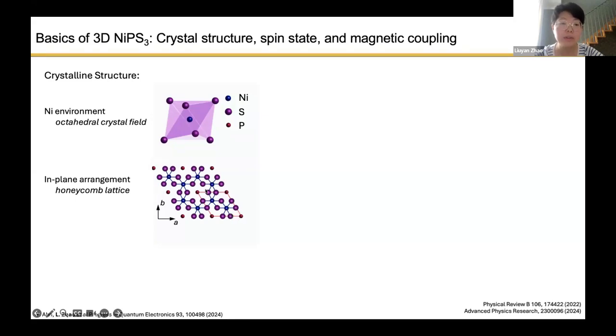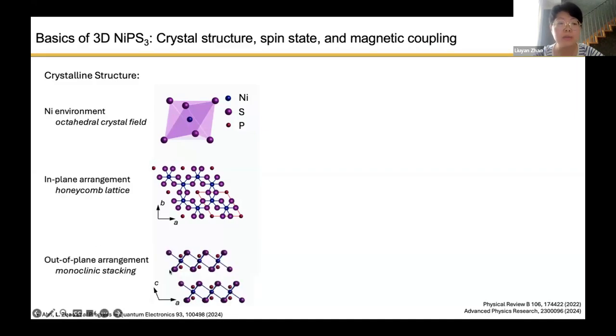Then the phosphorus sits in the center of the honeycomb lattice, with 2 of them on top of each other to form a bipyramid structure. The layers stack along the vertical direction to form the bulk, and the stacking obeys the so-called monoclinic stacking, meaning that the honeycomb lattice shifts along the axis by 1/3 of the unit cell between adjacent layers. Okay, so that's for the crystal structure.